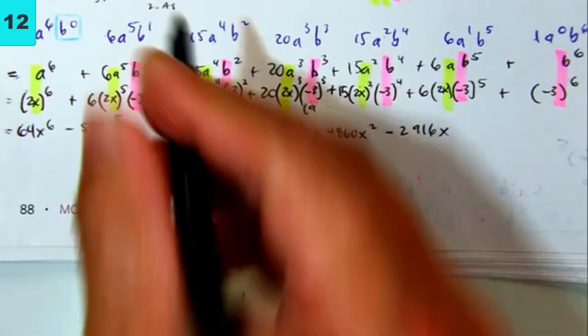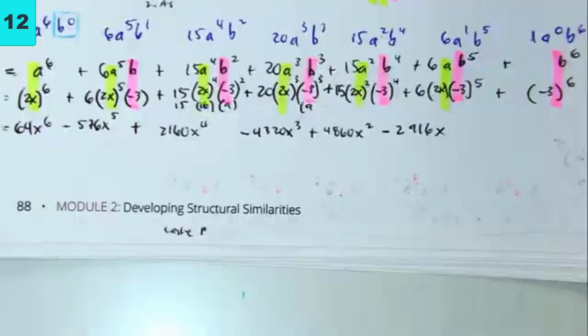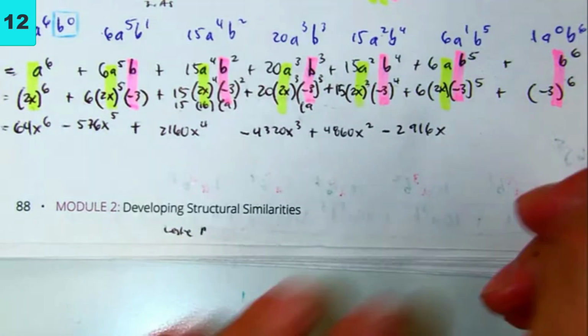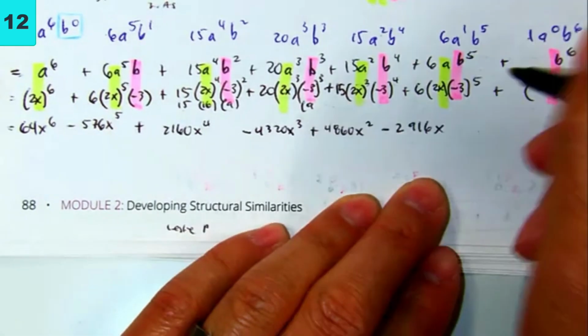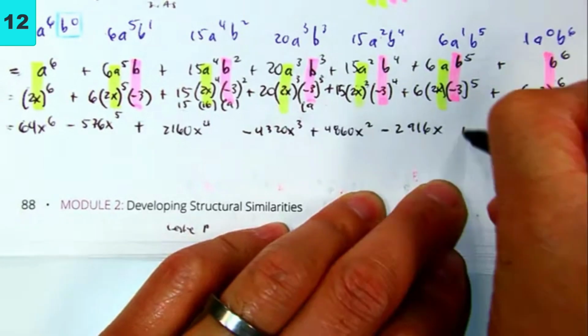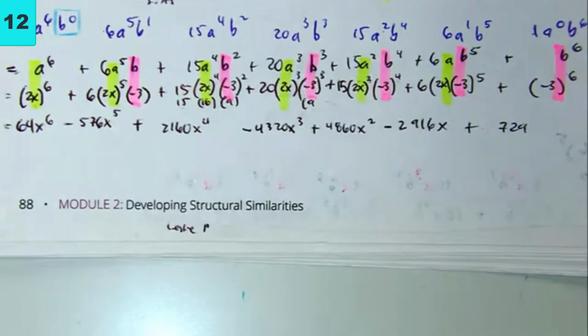Positive or negative? Good. And the last one, Lana. 720. Positive or negative? Positive. Good. There it is.